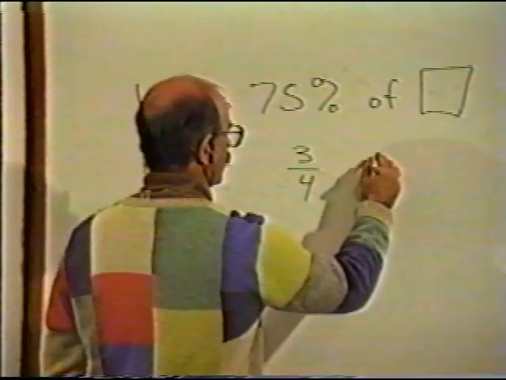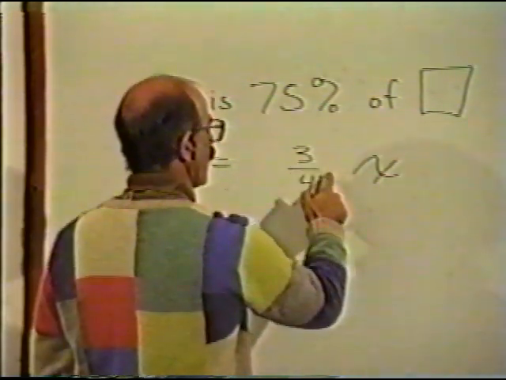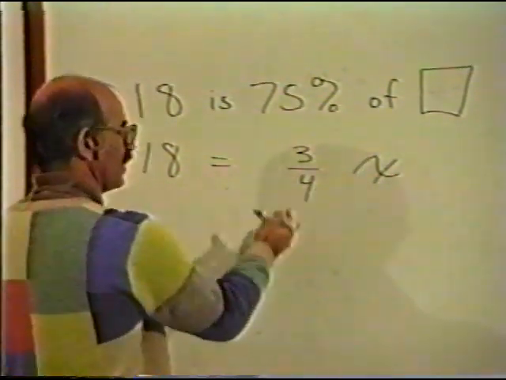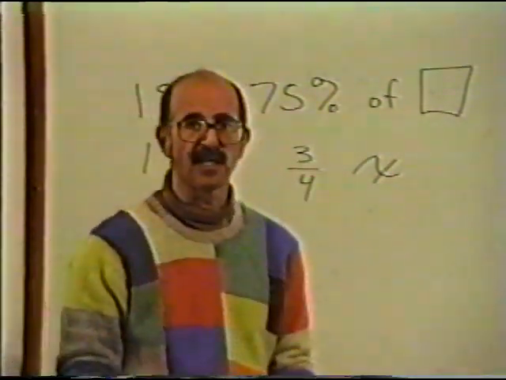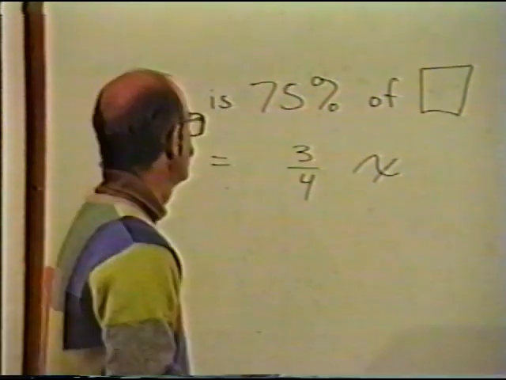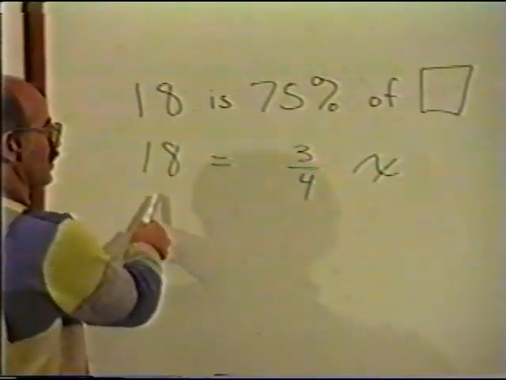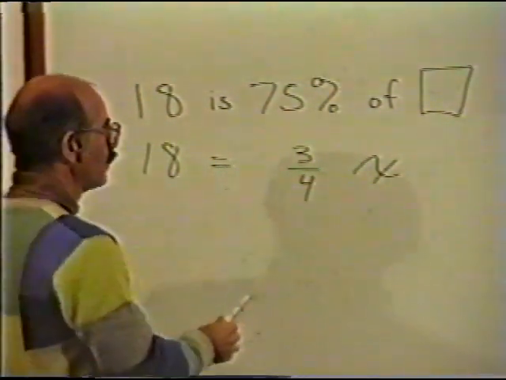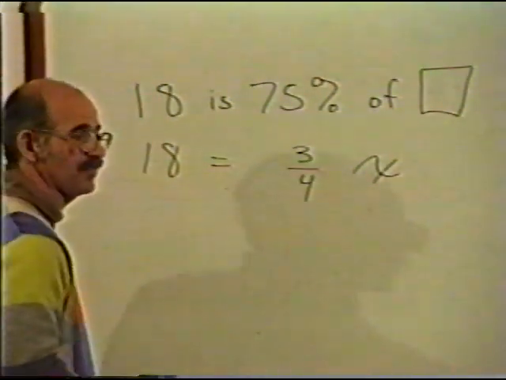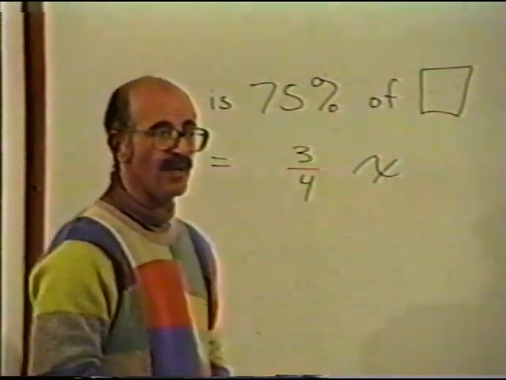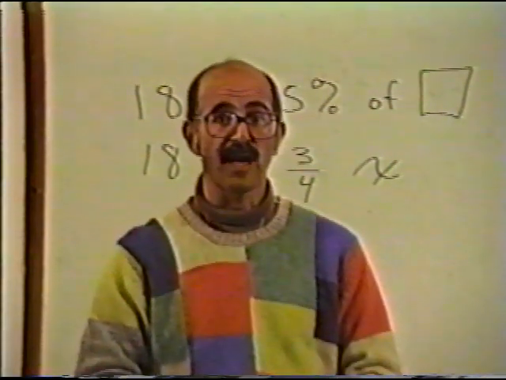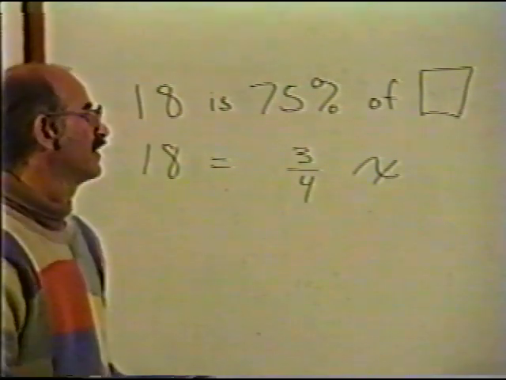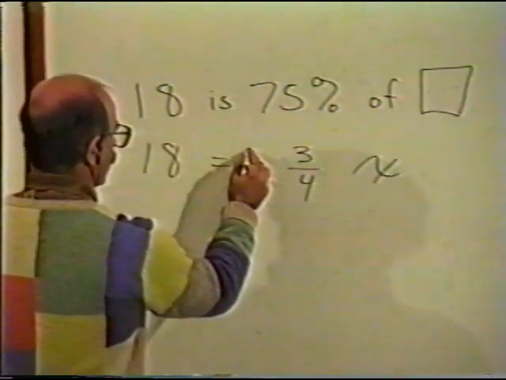X. And we can just say 3/4 X. We don't even need to say times, because 3/4 X means times. Now, we have an equation with a fraction in front of the X, and we would like that fraction to disappear. In order to do that, we have to multiply both sides of the equation by the flip-flop.